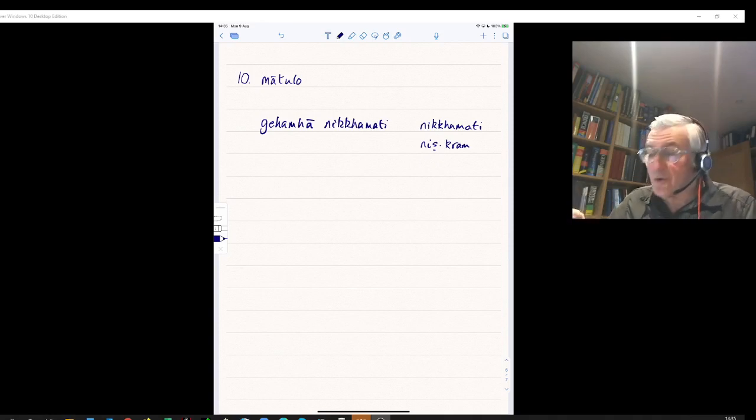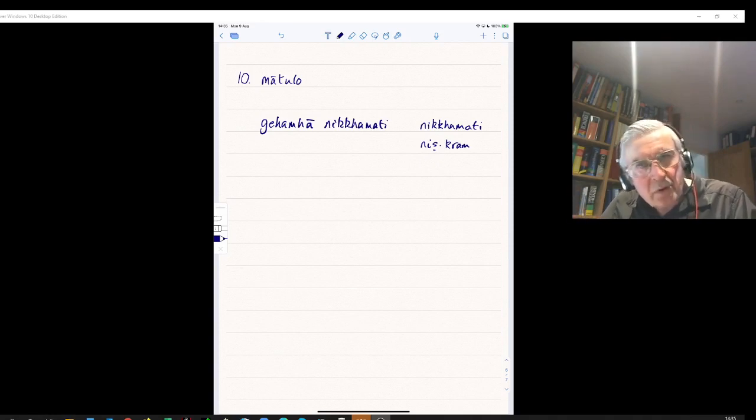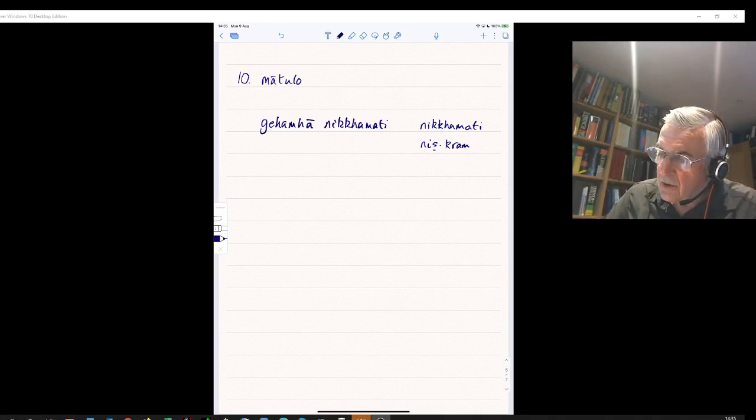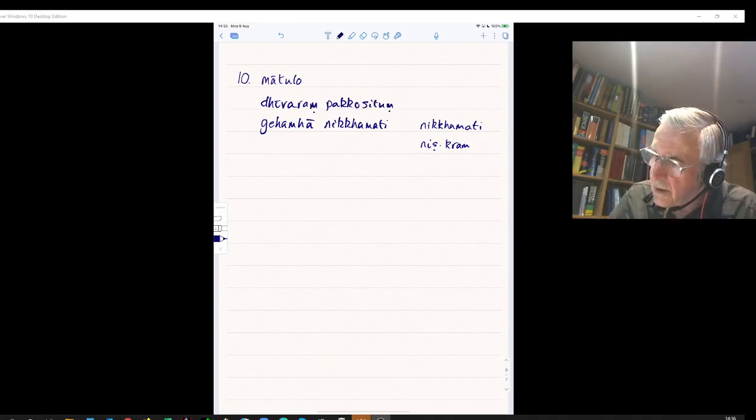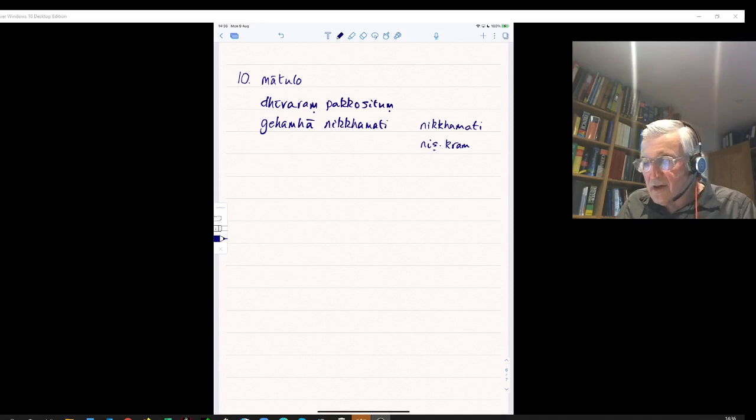Remember, akkositum would mean to scold or abuse somebody, but pakkositum, entirely opposite meaning, just to call. So matulo dhivaram pakkositum. So the entire sentence is matulo dhivaram pakkositum gehamha nikamati.